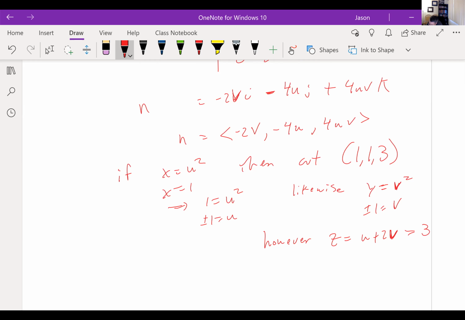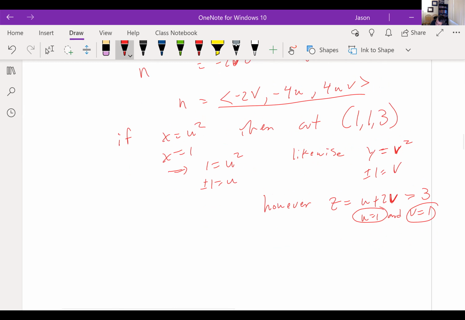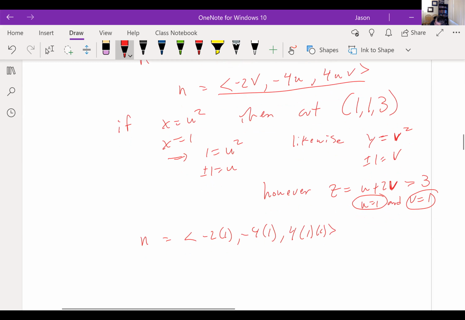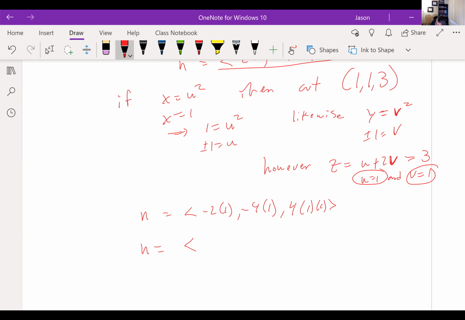The only way that we could get positive 3 here is if u is equal to 1 and v is equal to 1. So we've isolated what u and v have to be, and I can plug those back into my normal vector. My normal vector to my tangent plane has to be negative 2 times 1, negative 4 times 1, and 4 times 1 times 1. So n is equal to (-2, -4, 4).